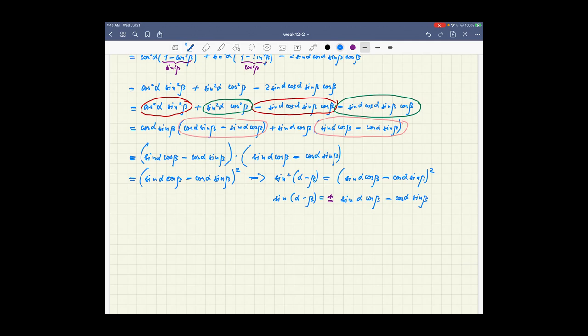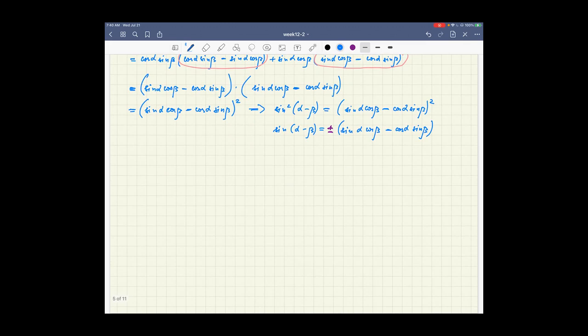So should it be plus or minus? Well, let's try beta to be 0. Suppose alpha is arbitrary and beta is 0.